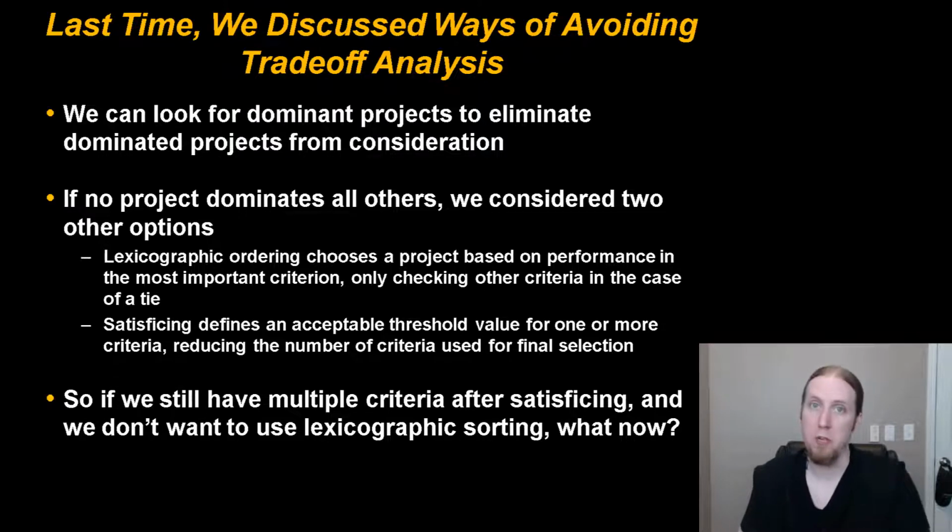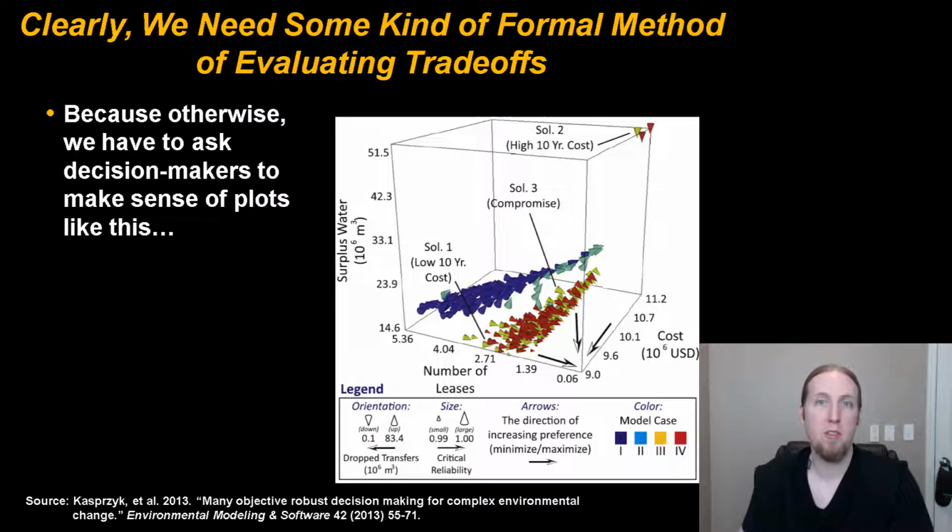So then what do? We need some way to evaluate trade-offs, because otherwise we need to ask decision makers to make sense of a plot like this. In this case, we have a three-dimensional plot where the x, y, and z axis all represent one particular criterion.